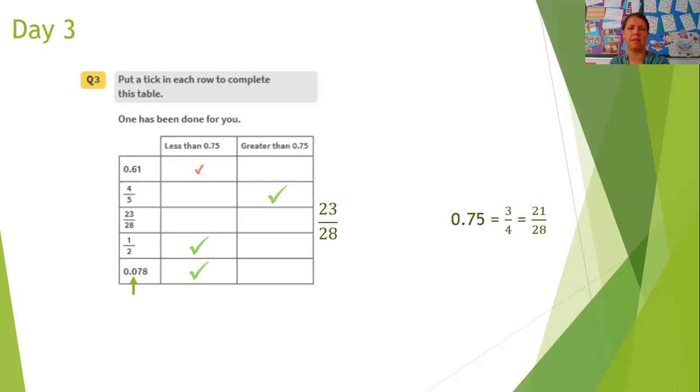So I'm now comparing the fractions. I've got 23/28 and I've got 21/28, which is my 0.75. So the 23/28 I've been asked to look at is greater than 0.75, because that's 21/28. So my tick for this one is going to go there.